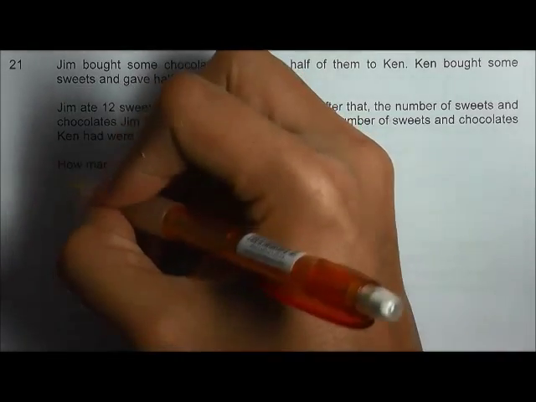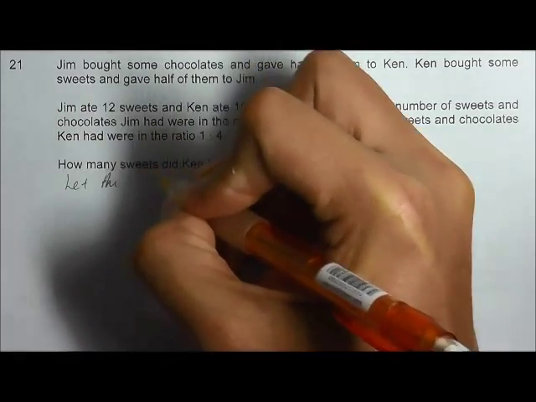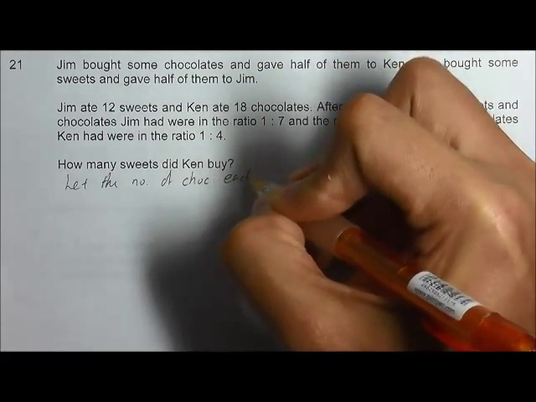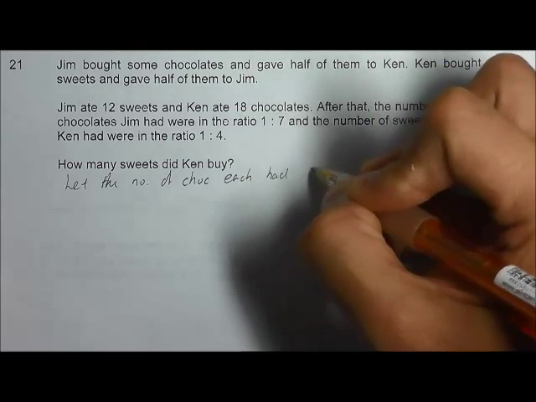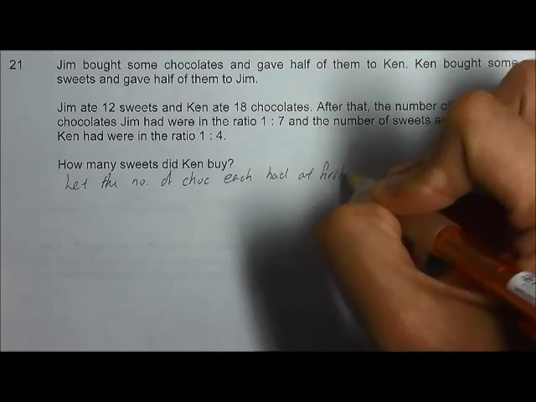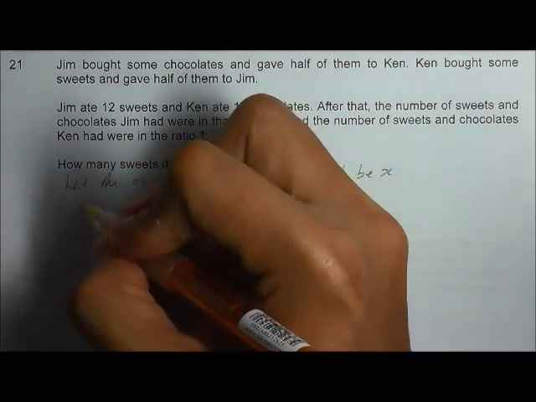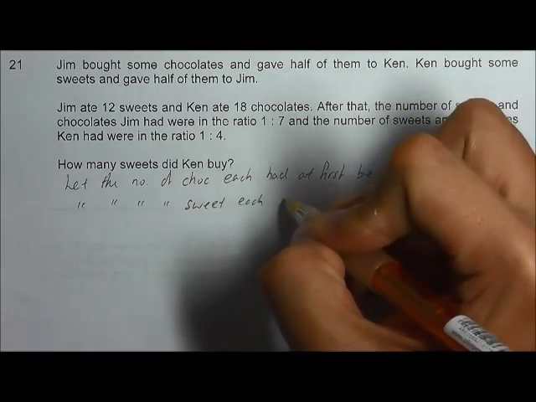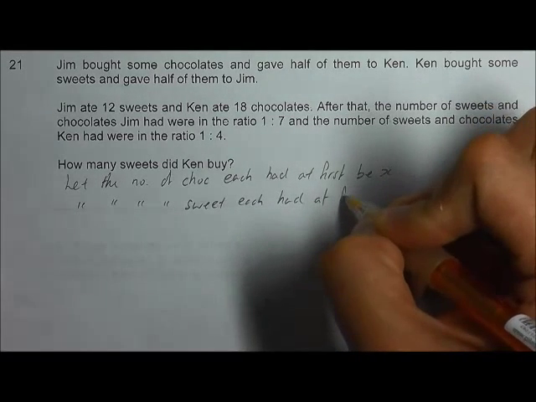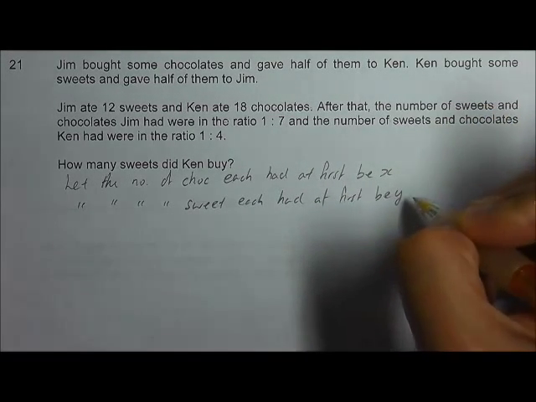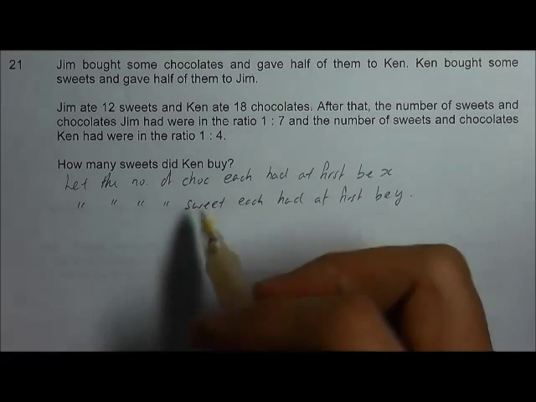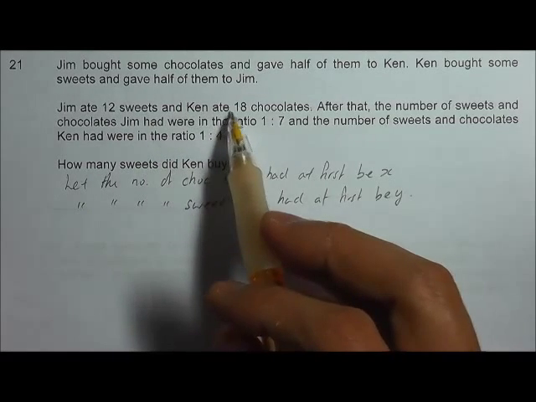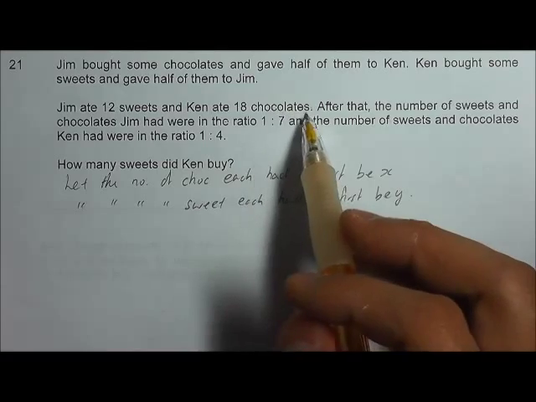Okay, so first of all, we can let the number of chocolates each of them had at first be X, and we can let the number of sweets each had at first be Y. Okay, so after that, Jim added 12 sweets and Ken added 18 chocolates.